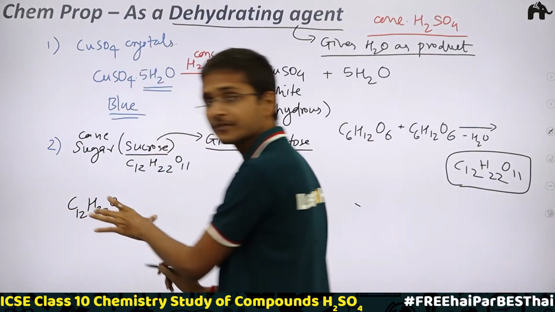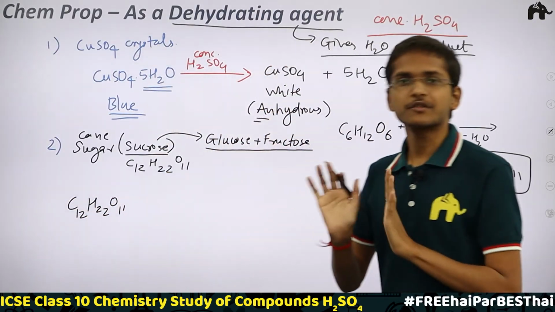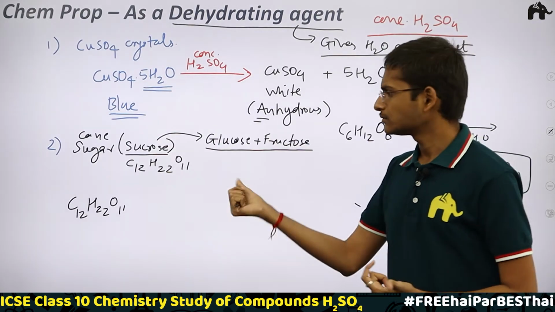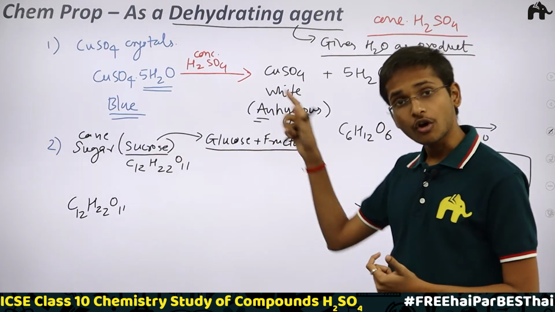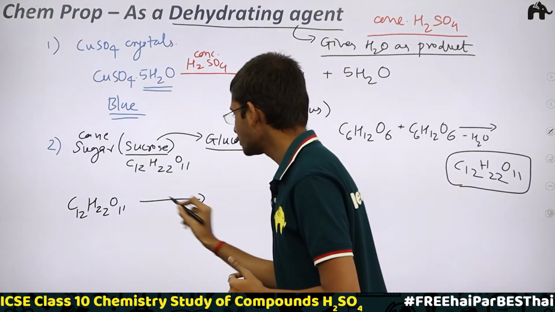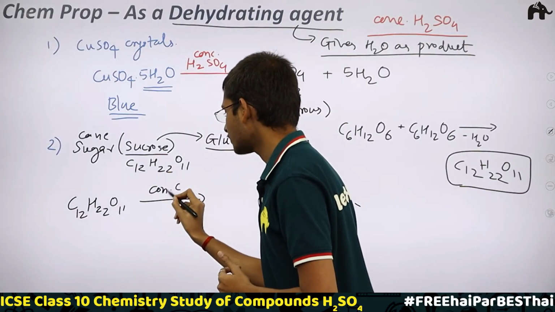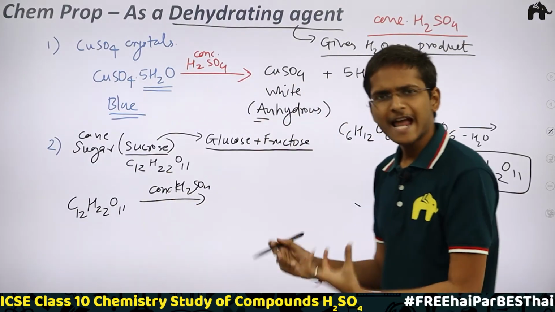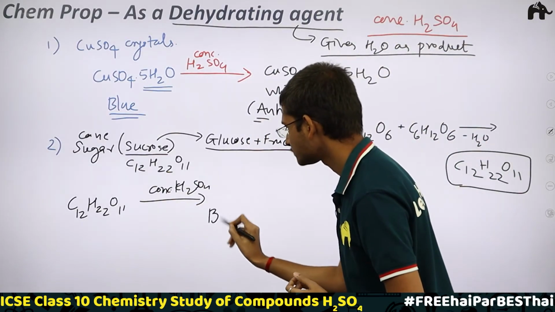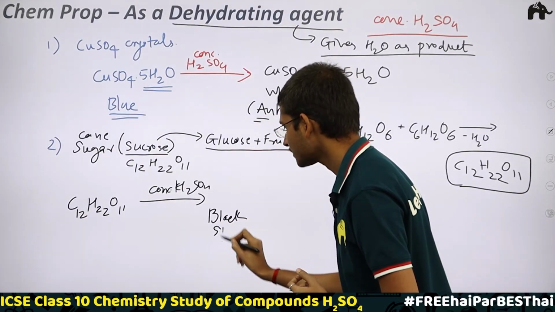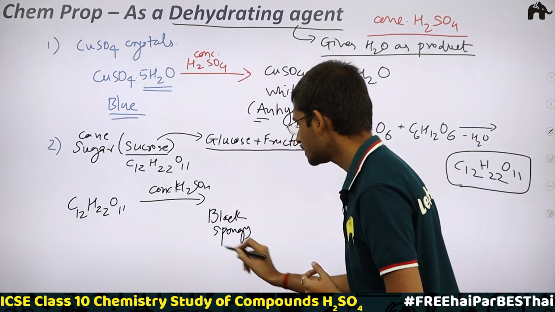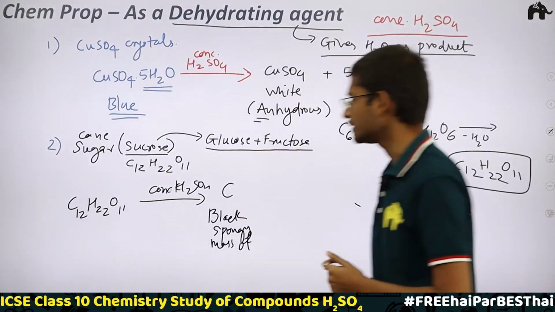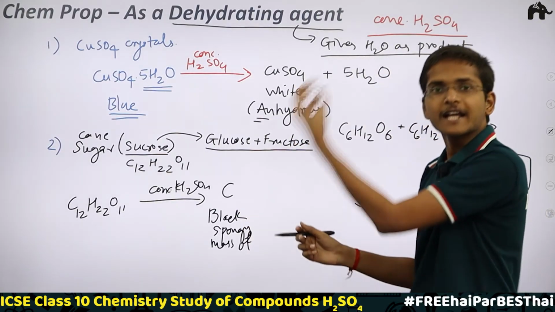C12H22O11, cane sugar. Now this reaction is very interesting. You can observe it on YouTube as well. You can just see the reaction of cane sugar with concentrated sulfuric acid, and what you would observe, I'm going to tell you here, is a black spongy mass of carbon rising out.